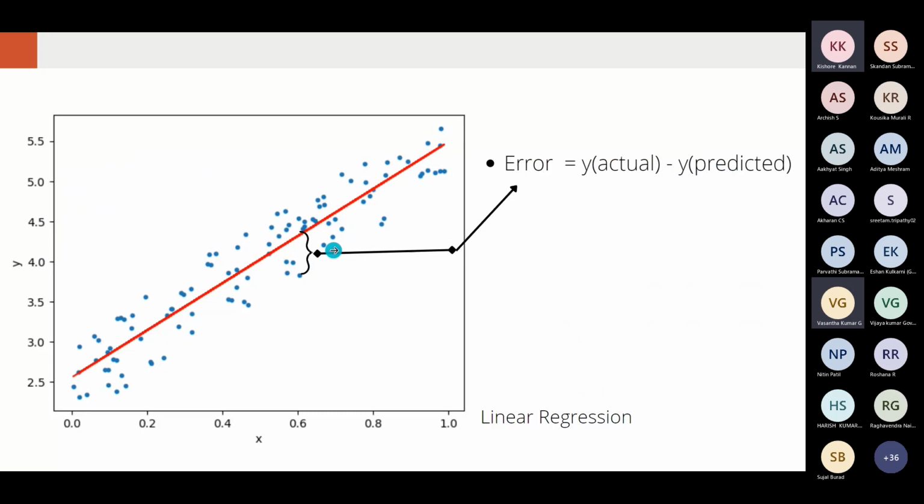For example, say we have 100 data points here, and 50 of them are above this line and 50 of them are below this line, in such a way that the cost function is 0. That is, the sum of the differences in distances cancels out exactly. That means we are fitting this line perfectly to the dots, which is obviously wrong because some of them are above this line and some of them are below it.